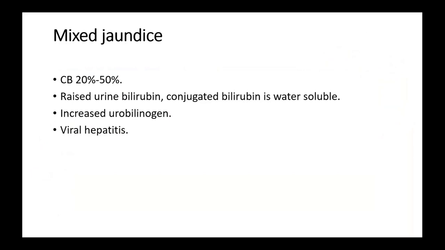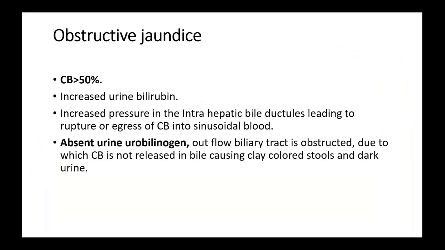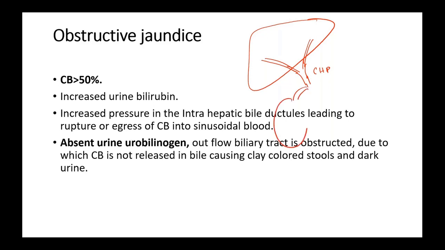Mixed jaundice will not do. We'll go over obstructive jaundice. Now, what is obstructive jaundice? So we have this liver, right hepatic duct, left hepatic duct combined to form common hepatic duct, combined with cystic duct.